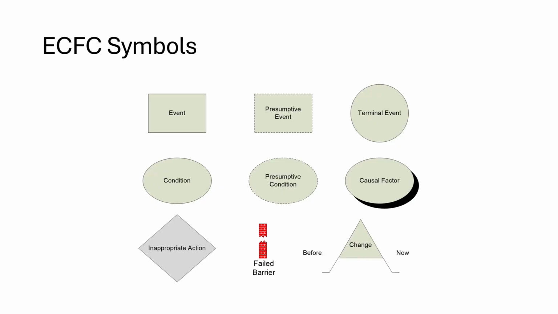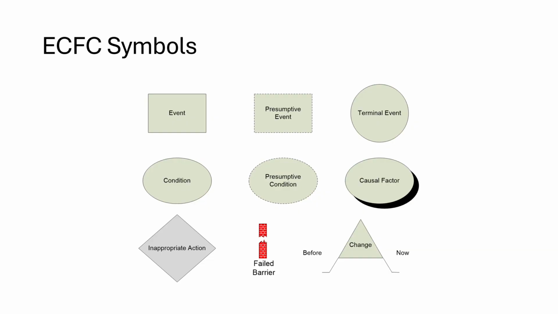Okay, so this part is super important to understand, how they use these symbols, because they tend to be very specific. As with everything else in this course, refer to your specific domain, because there might be a specific flavor, but these are the main ones that you will see.